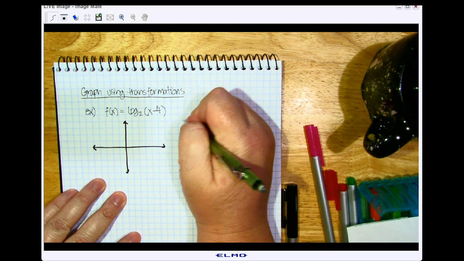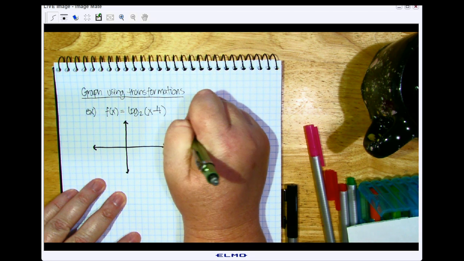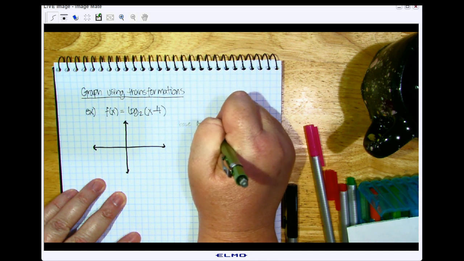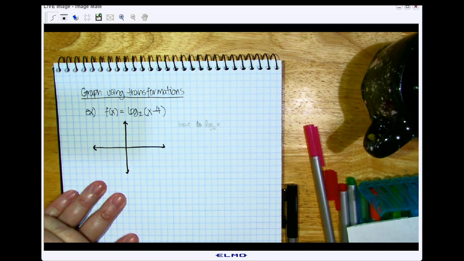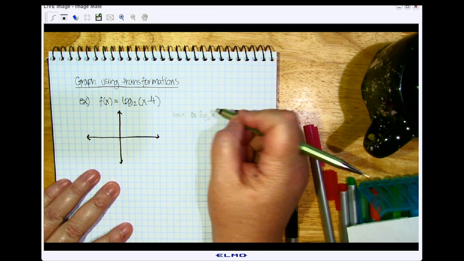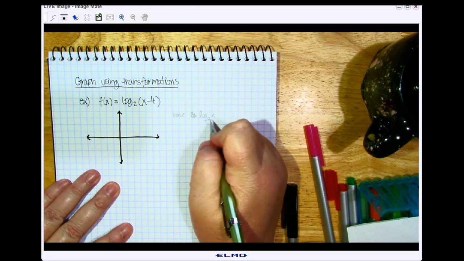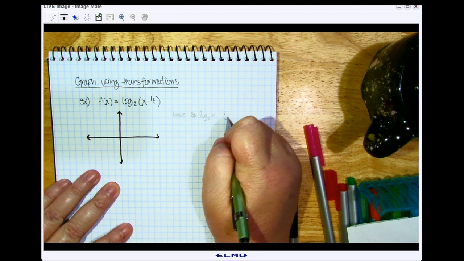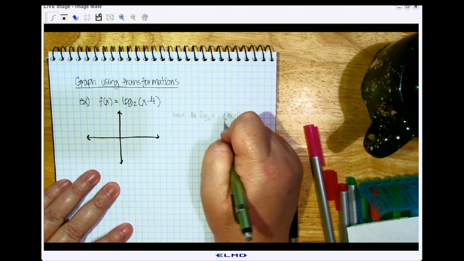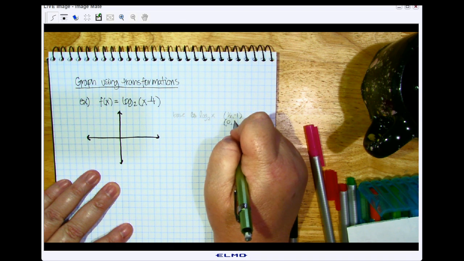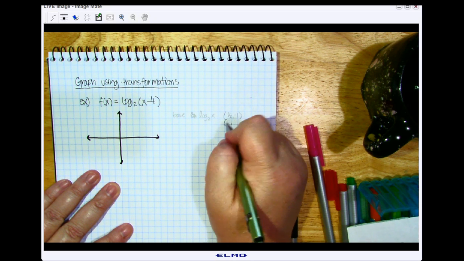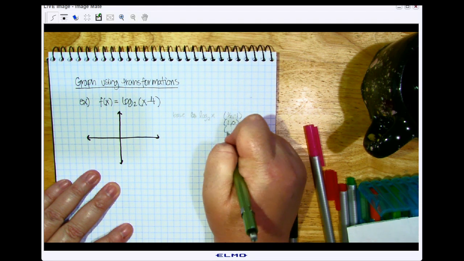All right. So if we just start with a base function of log base 2 of x, there are 3 points that I can use, inverse from before. 1/2, -1, 1, 0, and then 2, 1.